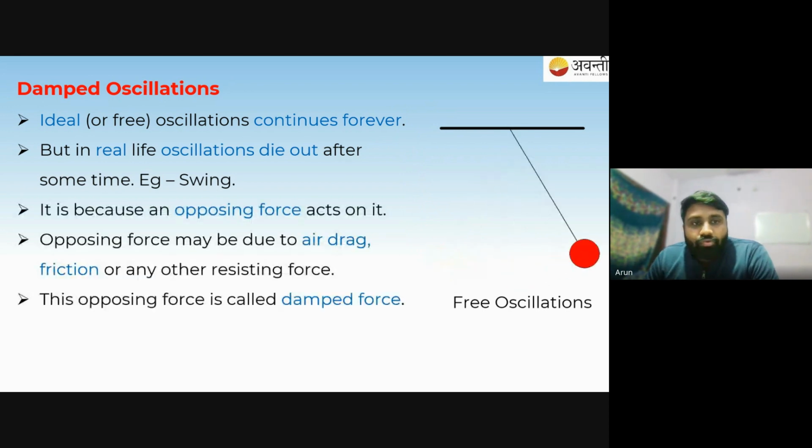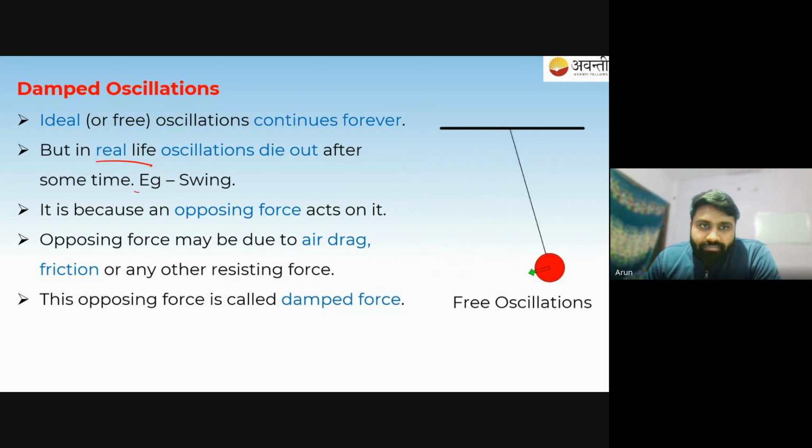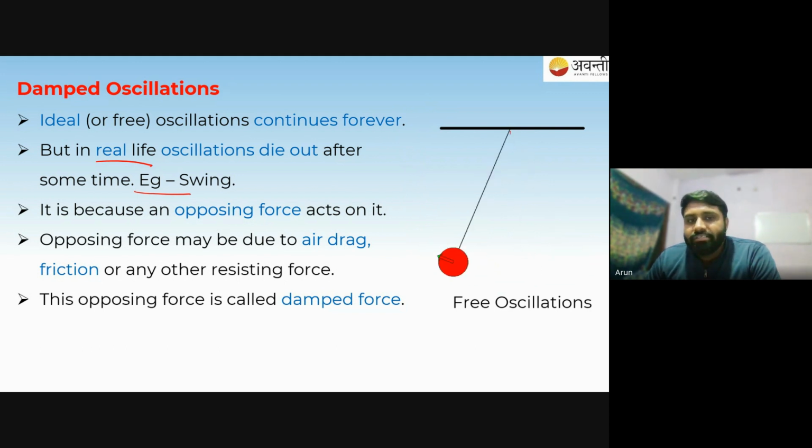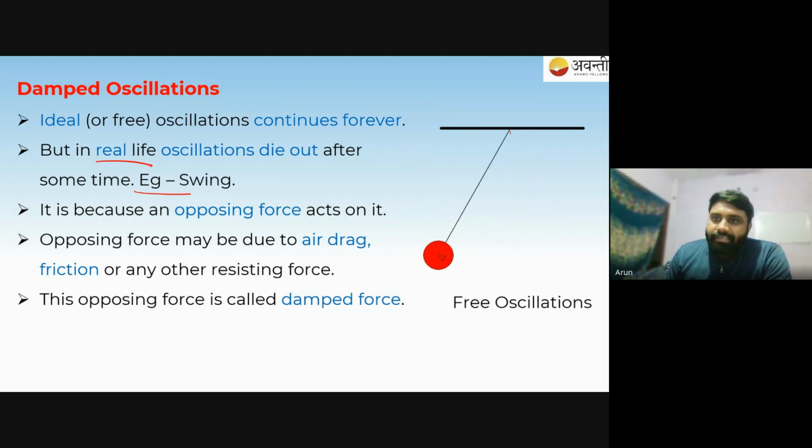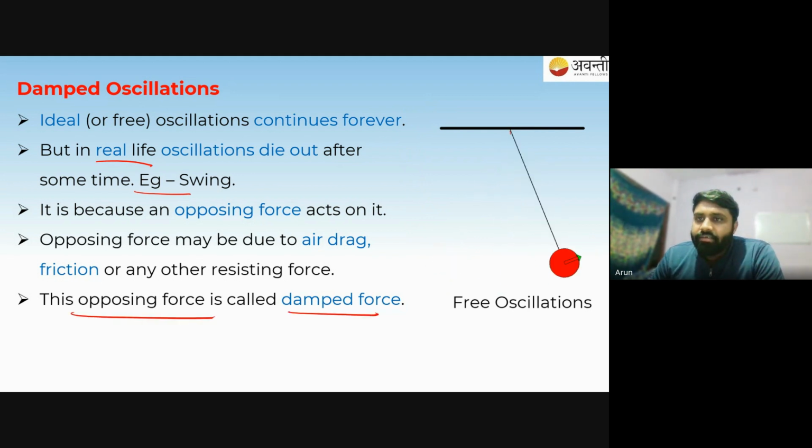But in real life, after some time, this bob will also stop. Why? Because of the air resistance or the opposing force present in the medium in which it is oscillating. So this opposing force is called the damping force, and the oscillation under this damping force is termed damped oscillation.